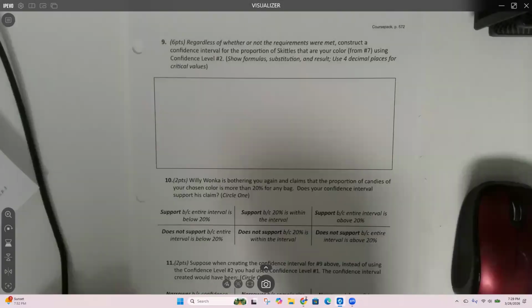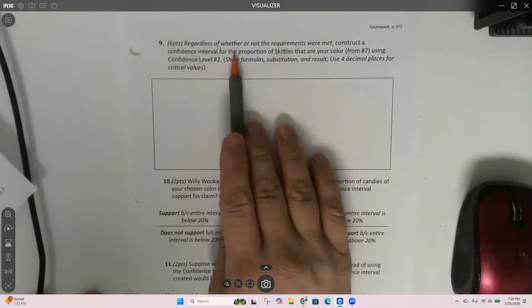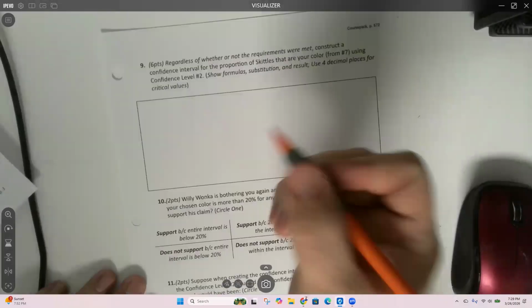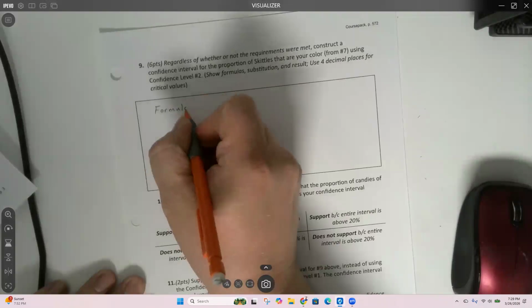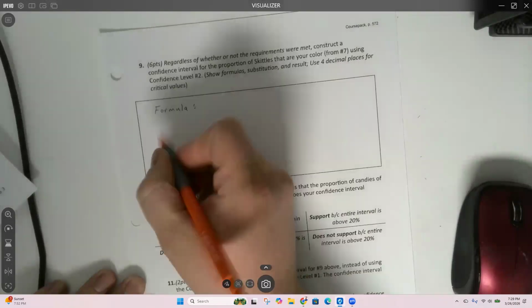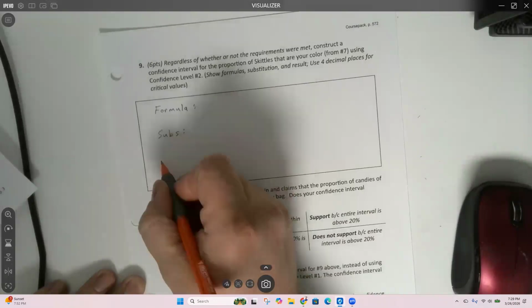So, question number 9. Regardless of whether you got 3 S's or not, construct a confidence interval for the proportion of Skittles. We're going to do our formula, our substitution, and then our result.